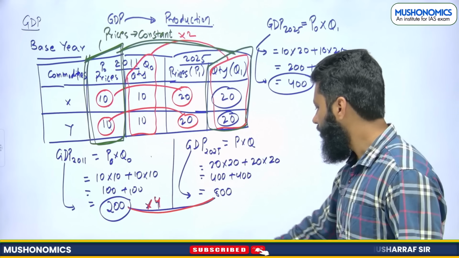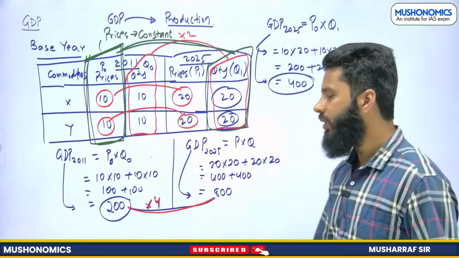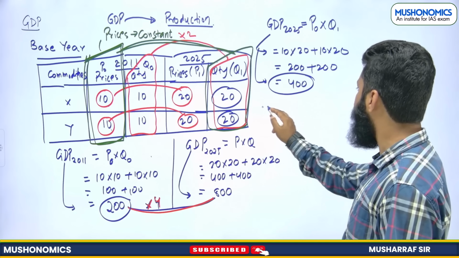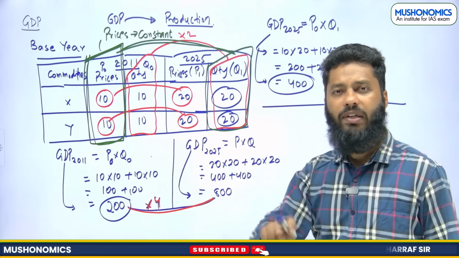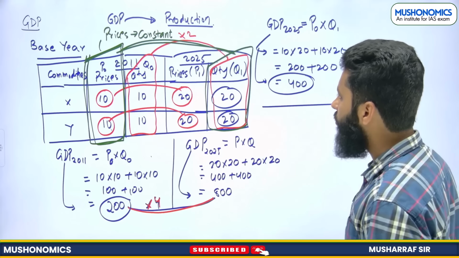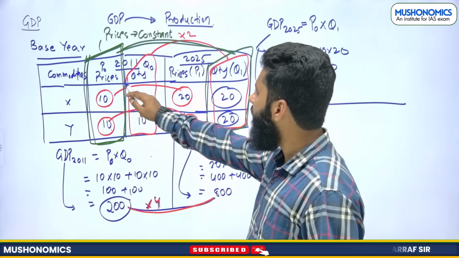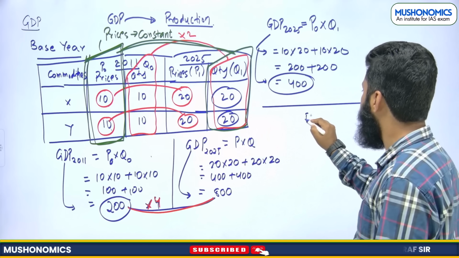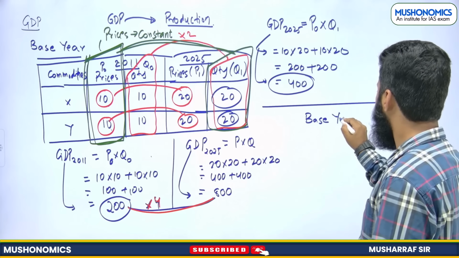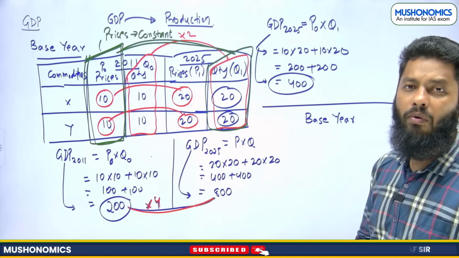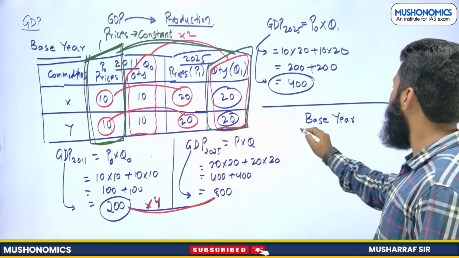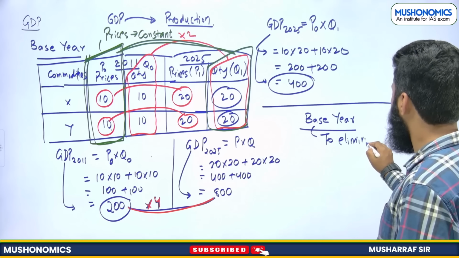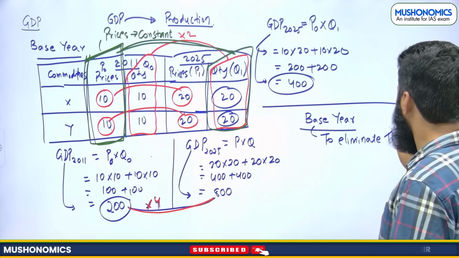So our job here is to fix prices. When we fix prices to some year, that reference year is known as the base year. In this case, 2011 becomes the base year. We use the base year to eliminate the impact of inflation.